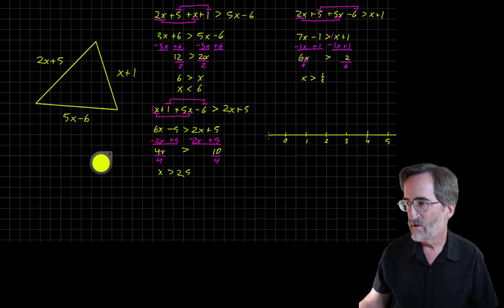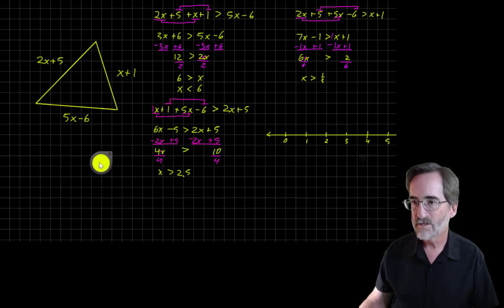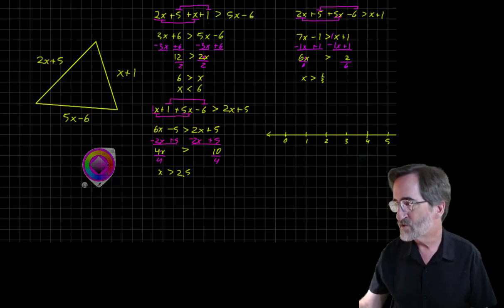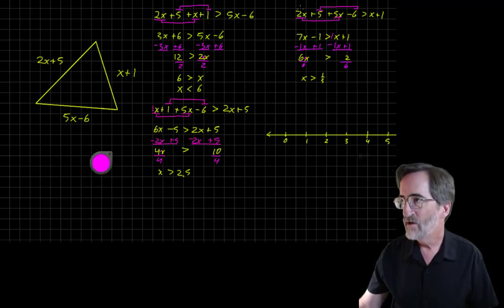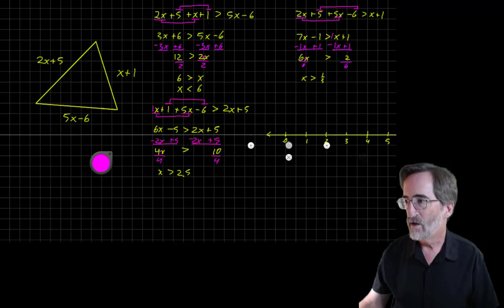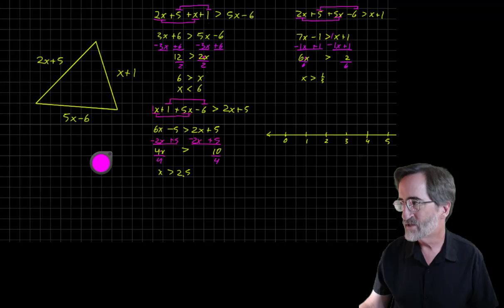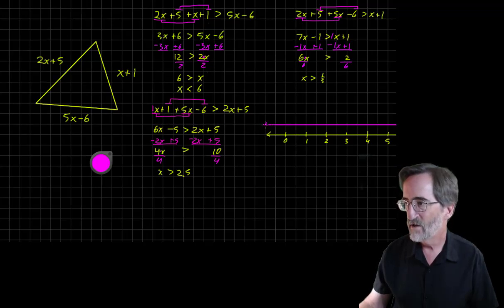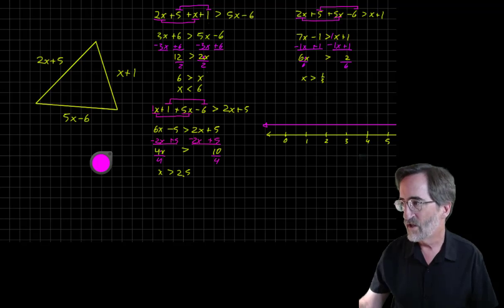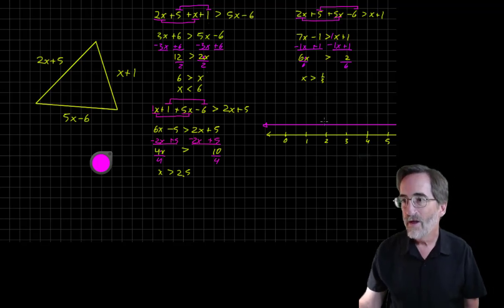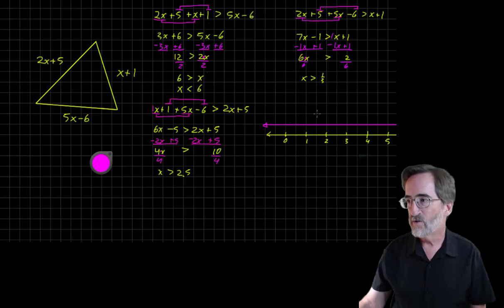So here we go. Let's see. The first inequality is x is less than 6. Okay. So I'm going to put a circle above the 6. And I'm going to draw an arrow or a ray pointing to the left from 6. Because less is left. Left is less. Okay, that's x is less than 6. Okay, and then I'm going to graph x is greater than 2.5.